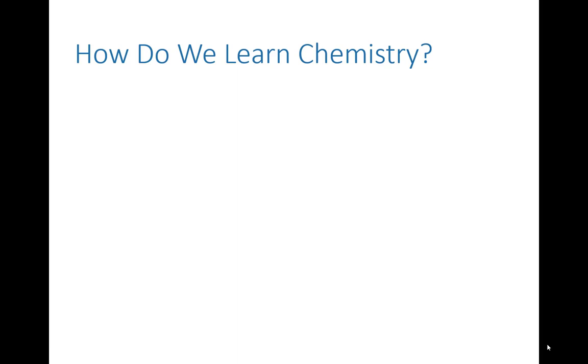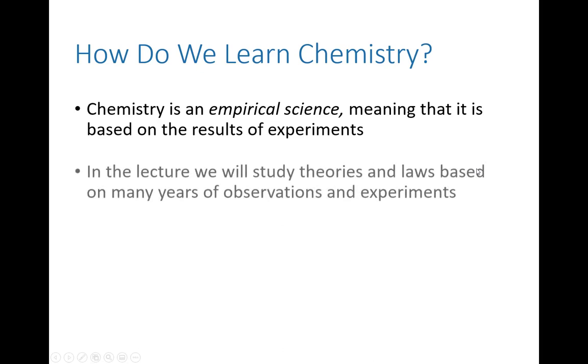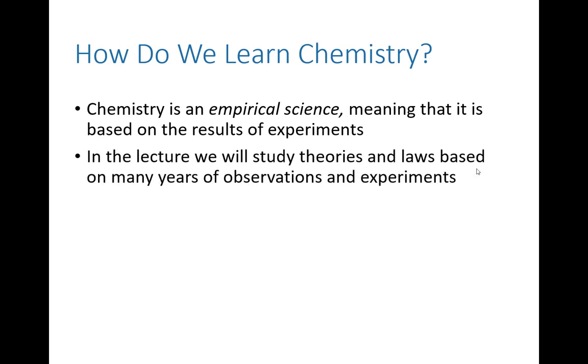So a worthwhile question is, how do we actually learn chemistry? Well, we say that chemistry is an empirical science, and by that what we mean is that it is based on the results of experiments. And experimentation in chemistry has been going on for many, many years, long before we even called it chemistry.